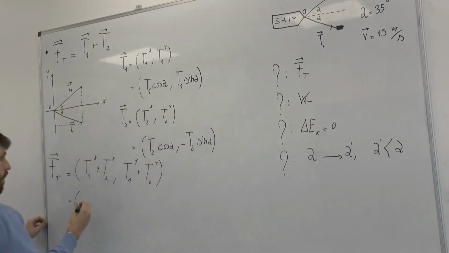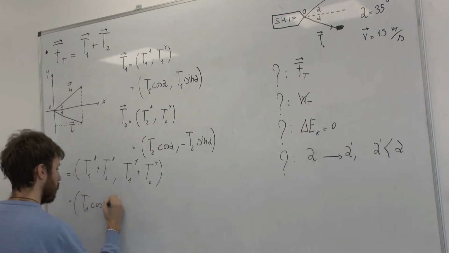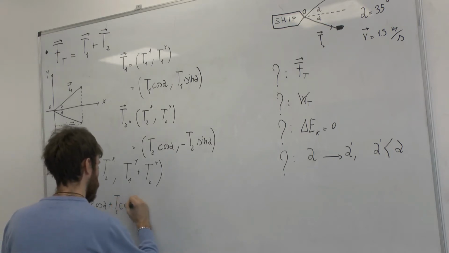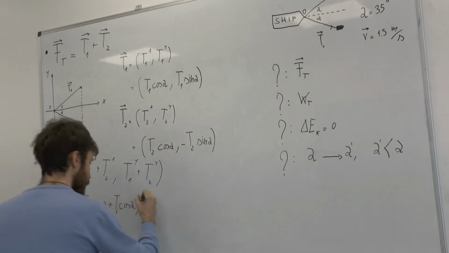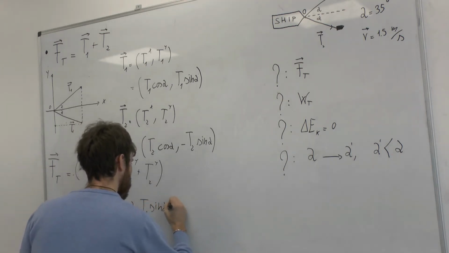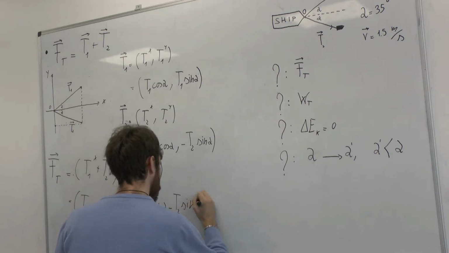Namely, T1 cos alpha plus T2 cos alpha on the x component, and T1 sine alpha minus T2 sine alpha on the y component.